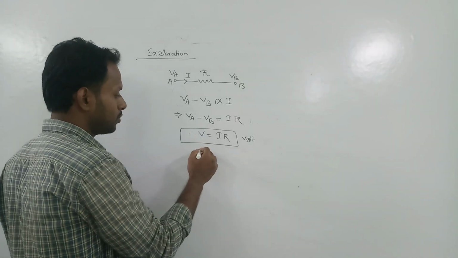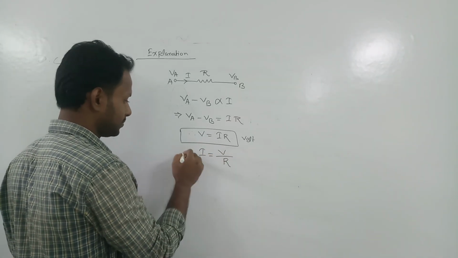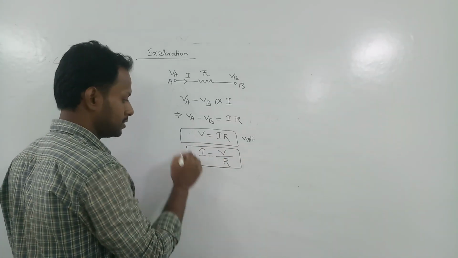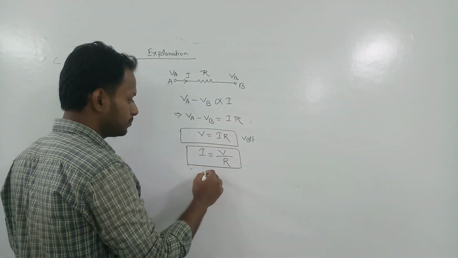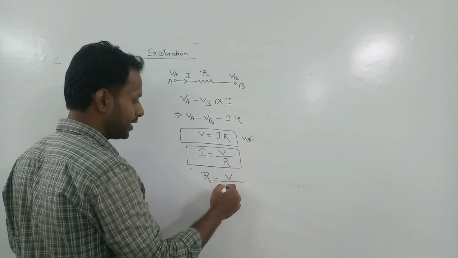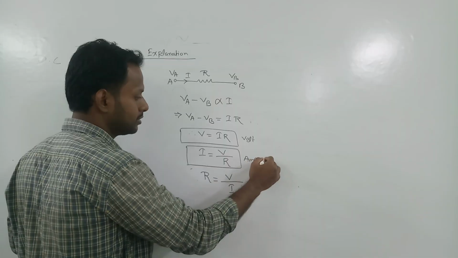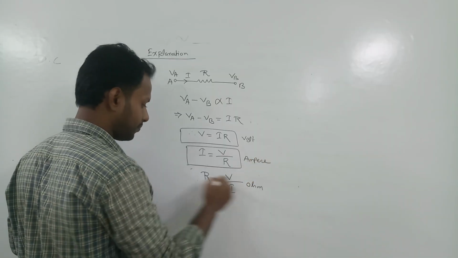Also, according to this formula, current I equals V by R. This is another formula. Also, R equals V divided by I. So here the unit is ampere and the unit is ohm.